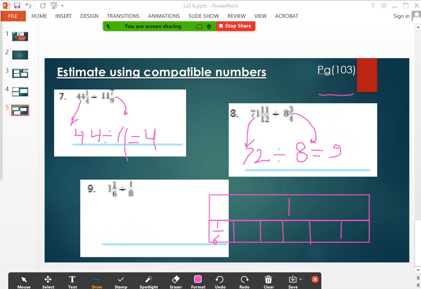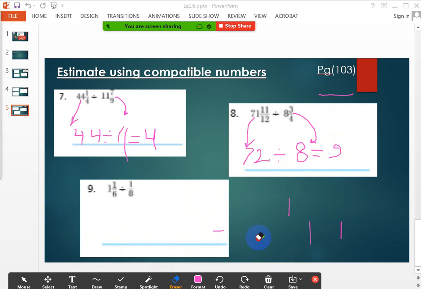Now let's see another girl to help me solve exercise number 9. Okay, I will choose Selma. Selma, open your mic. Yes, teacher. How are you, Selma?